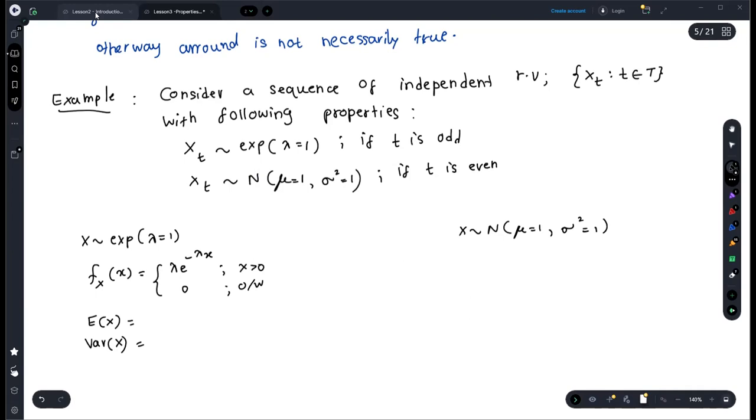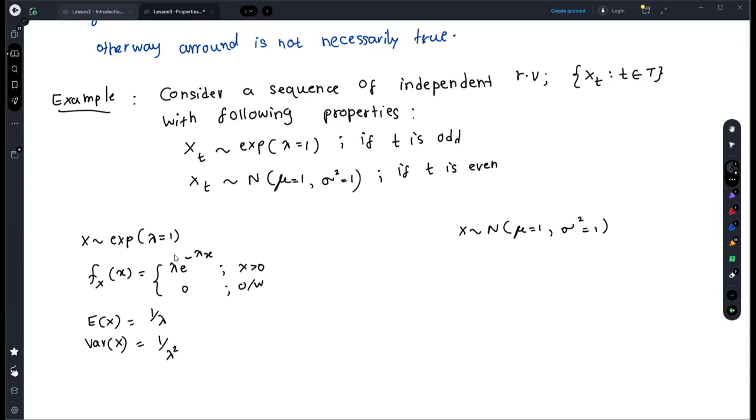For an exponential distribution with this PDF, expected value is 1 over lambda, variance is 1 over lambda square, right?